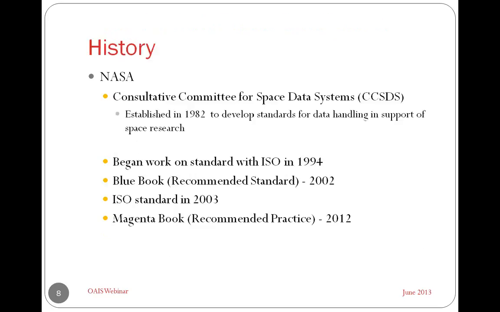Because many of us are interested in history, I thought you might like to know how OAIS got started. A subgroup of NASA, the Consultative Committee for Space Data Systems, was established in 1982 to develop standards for data handling in the support of space research.